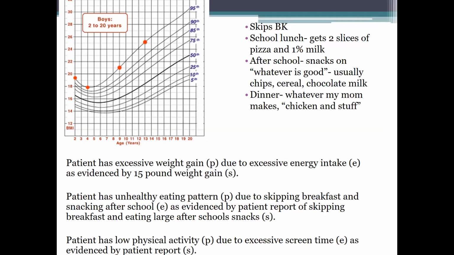And lastly, I did pick a kind of non-nutrition one, but I do have some scope of practice in at least encouraging and setting goals for physical activity. So for him, I put patient has low physical activity due to excessive screen time as evidenced by patient report.